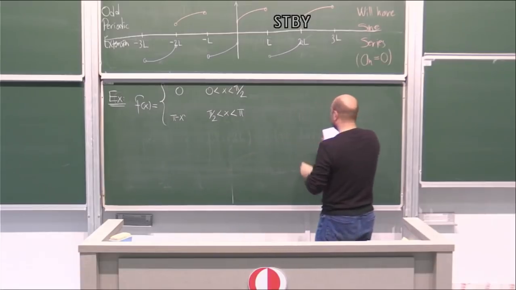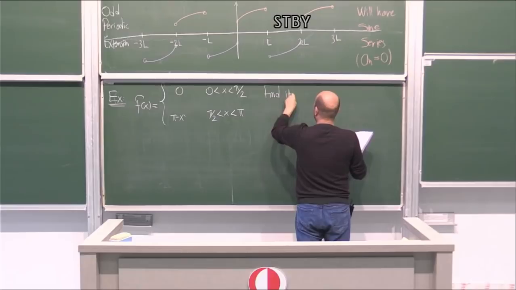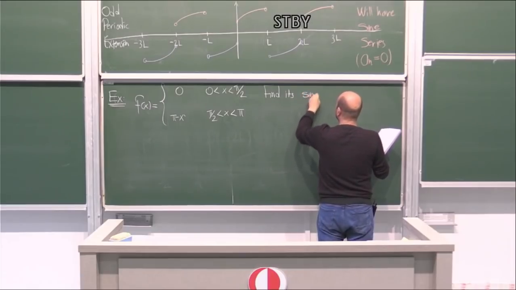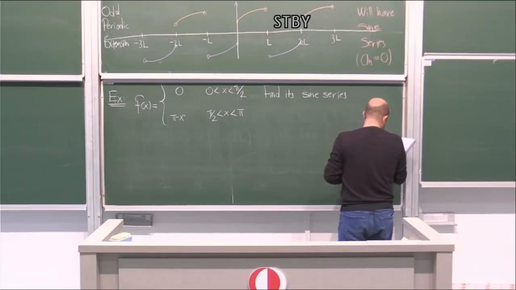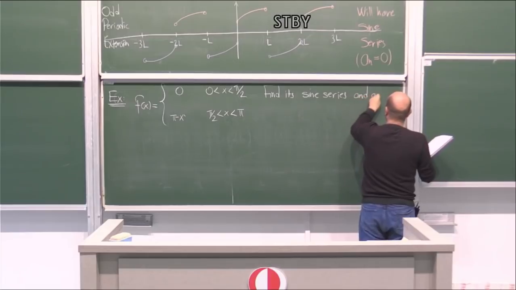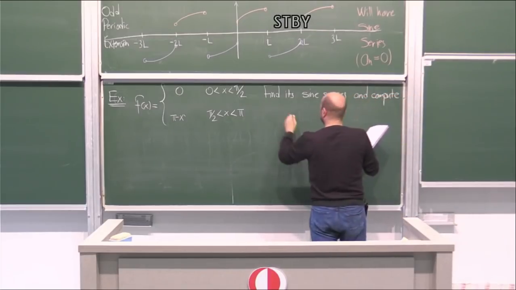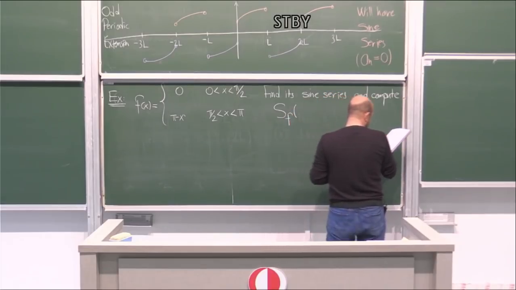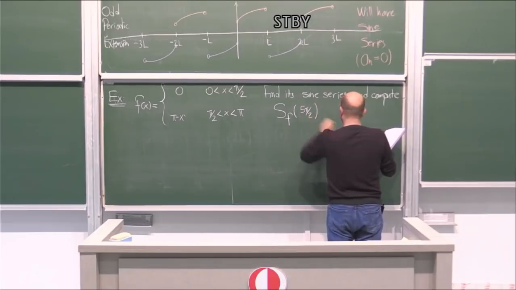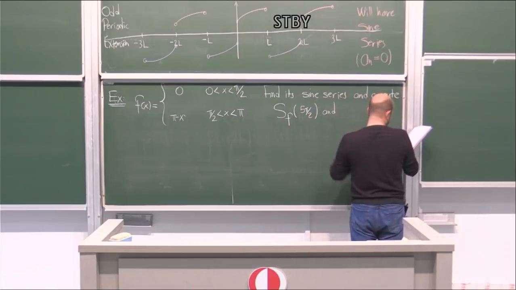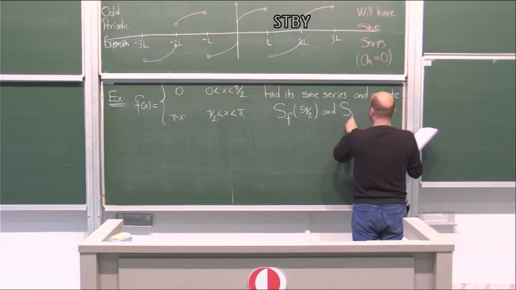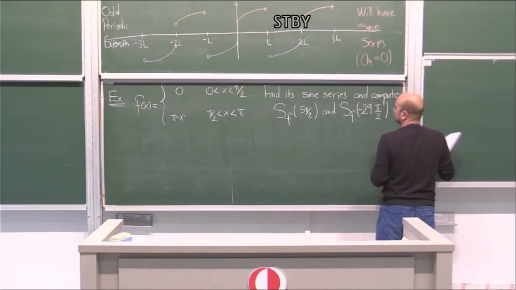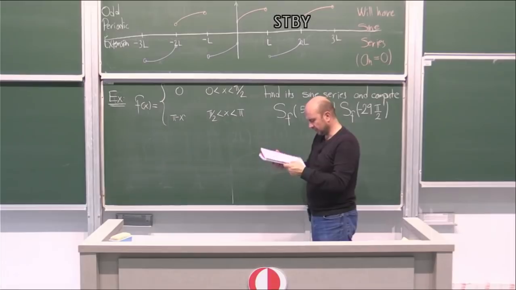So the question is, find its sine series, and compute the sine series of this function at 5 pi over 2 and at minus 29 pi over 2. Okay, this is what we have.